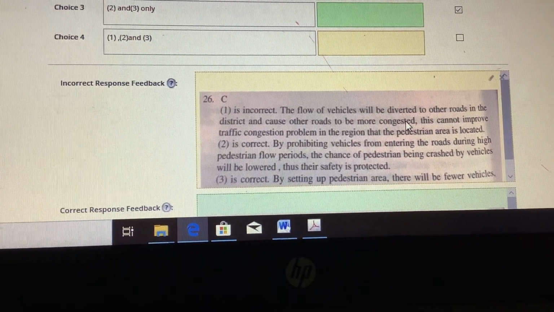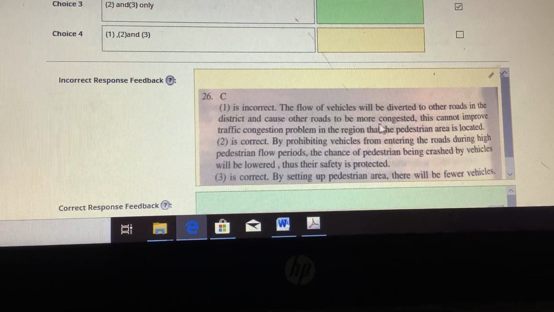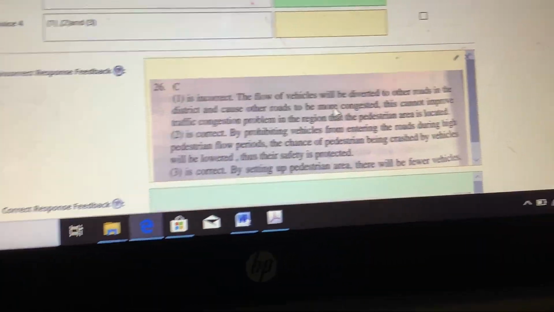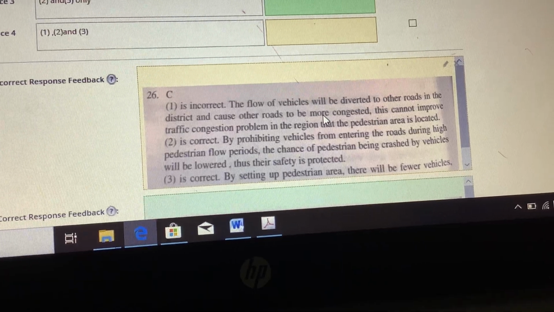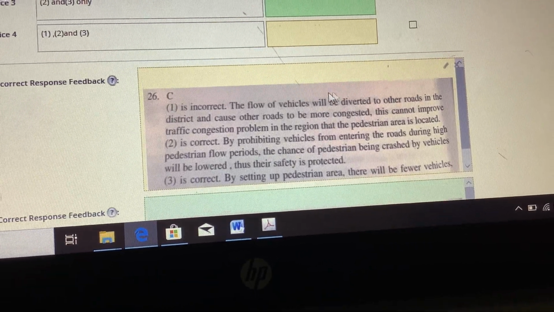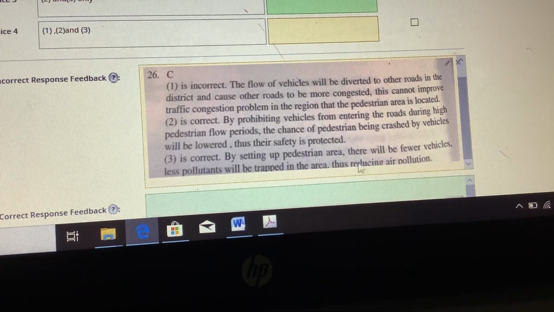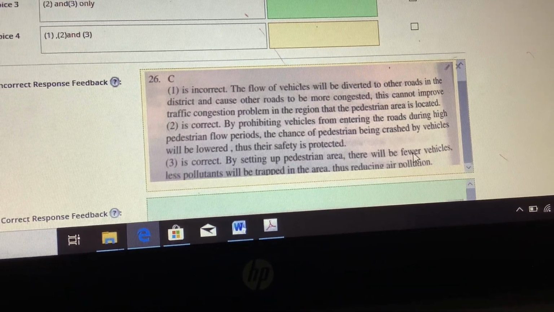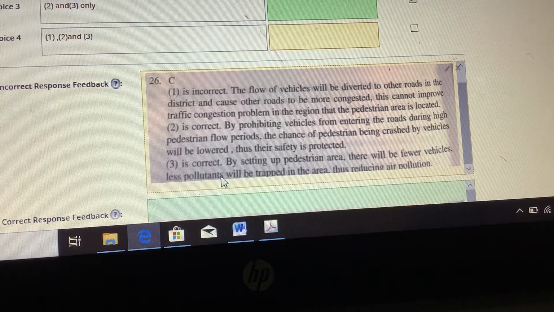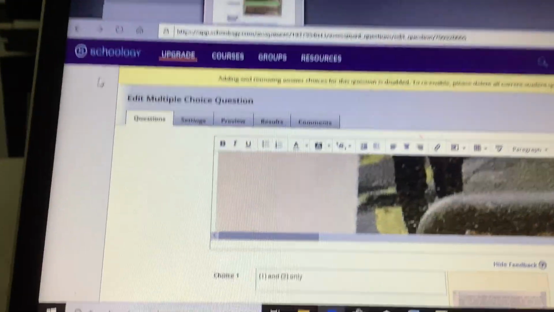You can see Bangkok became more congested when the pedestrian area was set up. So number 1 is incorrect, but 2 and 3 are correct, because when a pedestrian area is set up, there are fewer vehicles and fewer pollutants will be trapped in that area. Okay, next one.